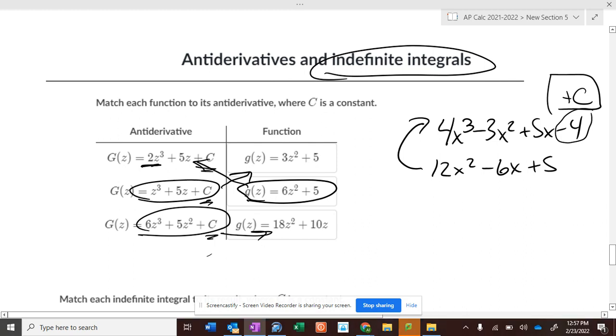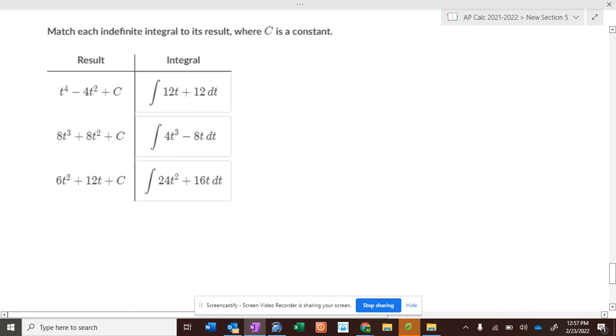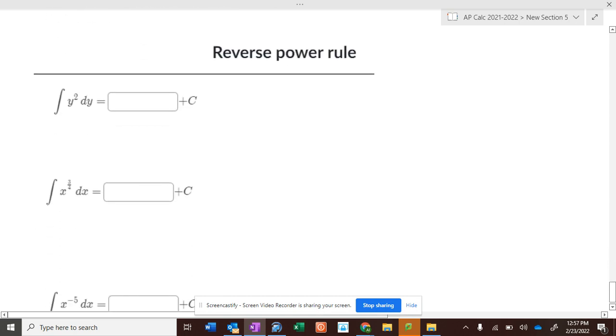So you're just matching, so it's just taking derivatives, and then what we're going to do is actually, without matching, we're going to have to go this direction. Okay? So it's just a matching again. So this one would be which one? Middle. This one would be bottom, and this one would be top. Okay? Okay, here we go.